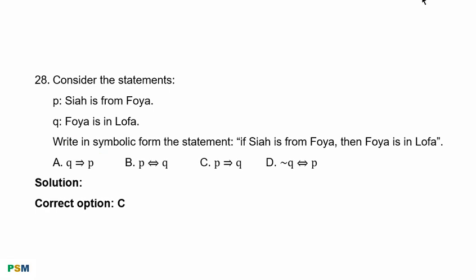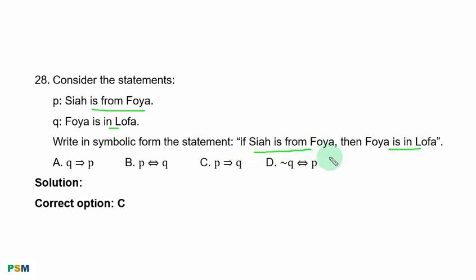Question 28. Consider the statements. P: Sia is from Foya. Q: Foya is in Lofa. Write in symbolic form the statement: if Sia is from Foya, then Foya is in Lofa.